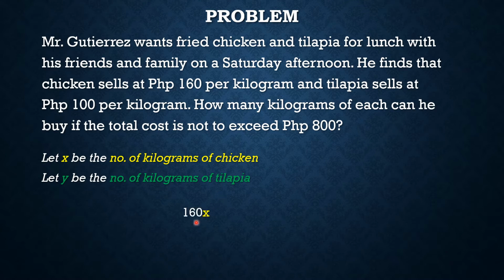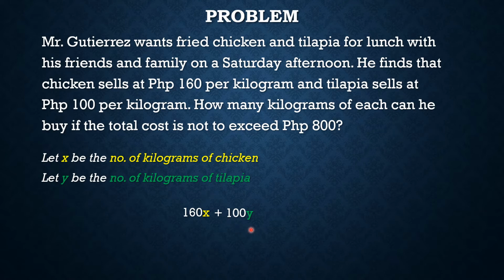So first, we have 160x. So it's like 160 kasi yung presyo per kilo. And then multiply natin kung ilang kilo ng chicken yung binili niya. So we have 160x. I-add natin yung 100y, which is yung amount or price per kilo ng tilapia. At i-multiply natin ilang kilo ng tilapia ba yung binili niya. So that is 100y.